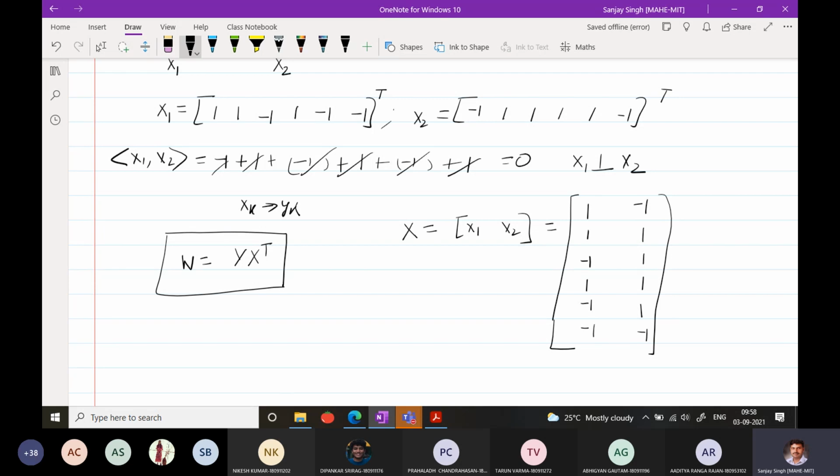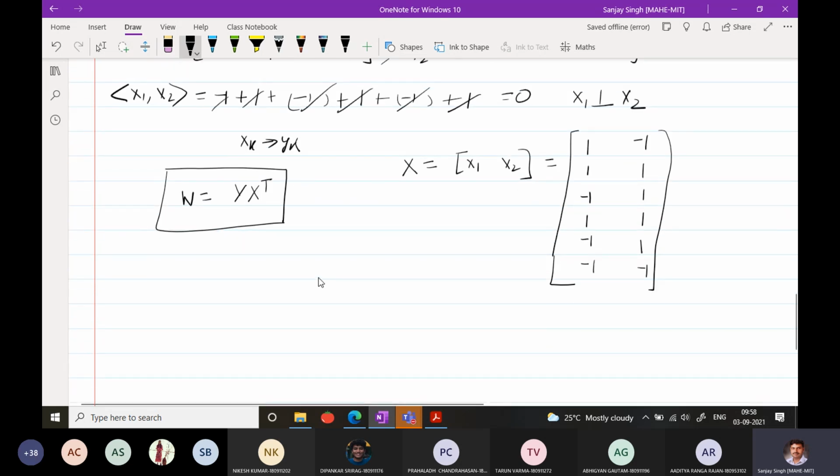When you are required to design an auto associator as per Hebb's rule, it is something like this. It's nothing but the outer product of y, the memorized pattern, and the key patterns transposed. Remember, when I say outer product, the overall thing is a matrix, not a scalar. I talked about this earlier, inner product or outer product. You are required to find the auto association.